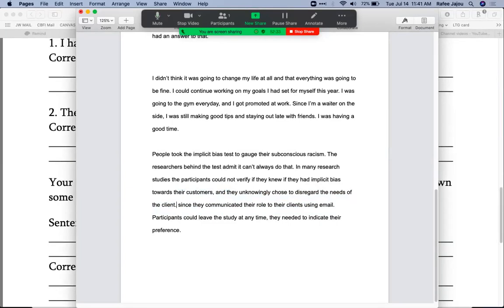If I hit stop right there, what happens? This looks good because the participants couldn't do this, they knew that, but this part does not feel complete at all. Since they communicated their role to their clients using email, what? It doesn't need a period there.